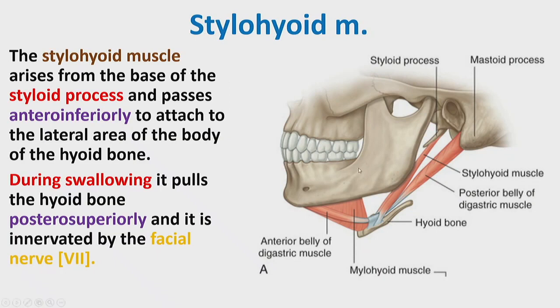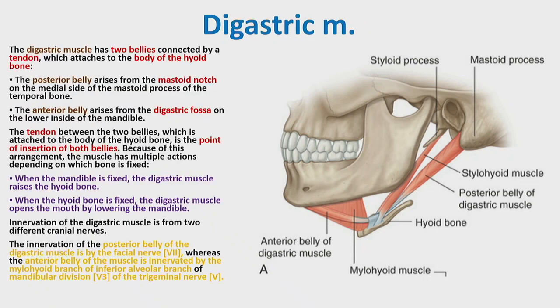Stylohyoid, we said, comes from the styloid process to the hyoid, elevating the body of the hyoid bone during swallowing and pulling it posteriorly and superiorly, innervated by the facial nerve. The digastric muscle has 2 bellies, the anterior and posterior.